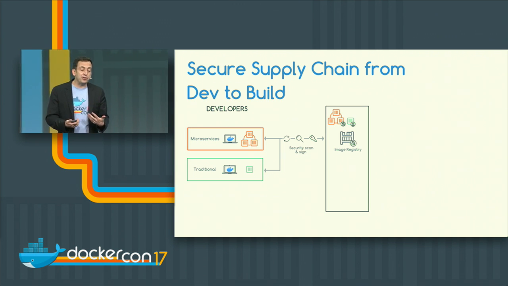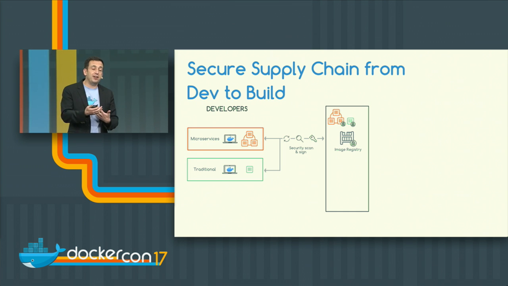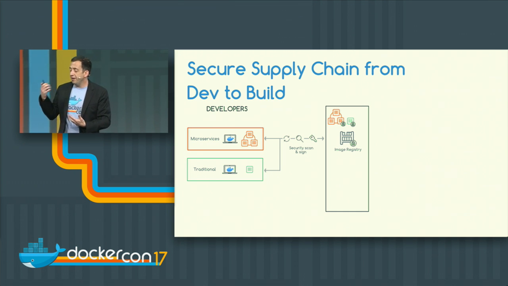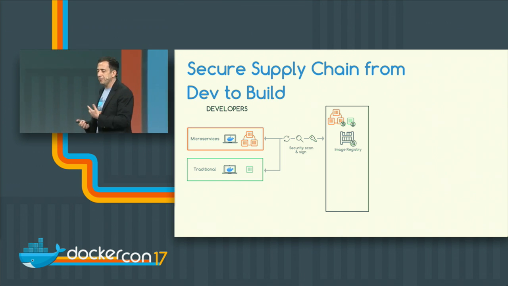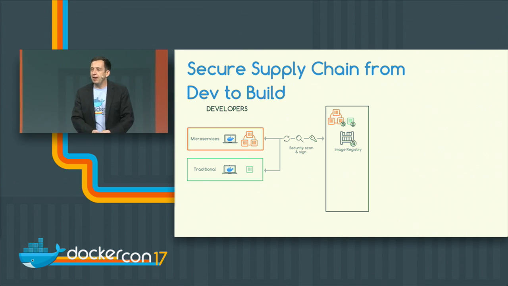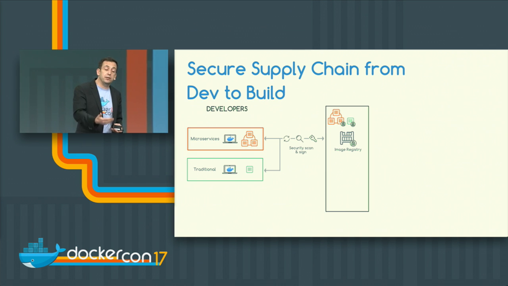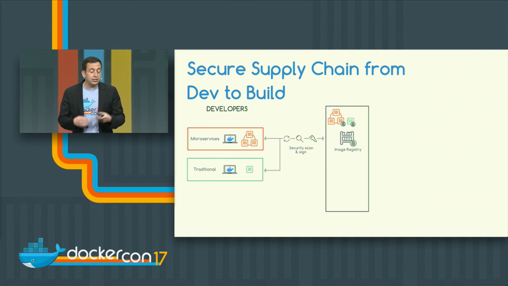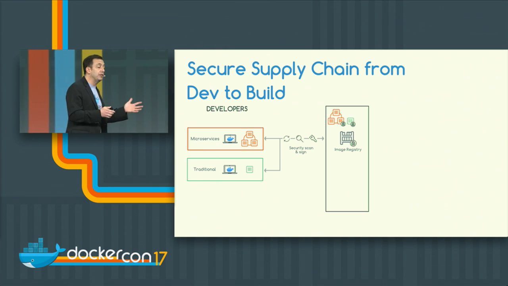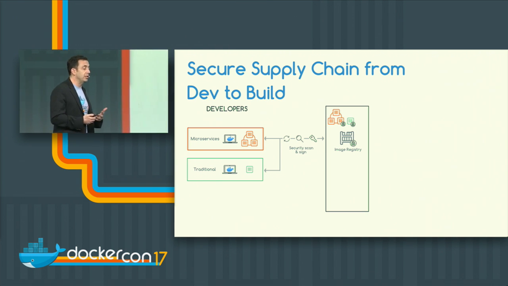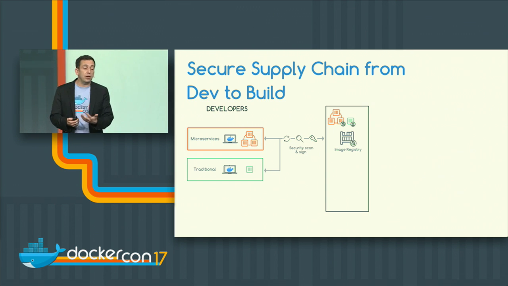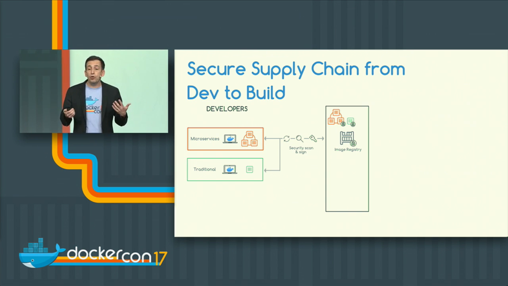Obviously, you want to make sure that while you can't prevent unknown vulnerabilities, at least you are not putting known vulnerabilities in, so we can at least deal with the known knowns. After Docker applies its security scanning, most companies apply additional checks, additional security processes, again, all enforced with digital signatures. And at that point, what you have in the center is a set of applications and services that have gone through a process and now can be deployed.